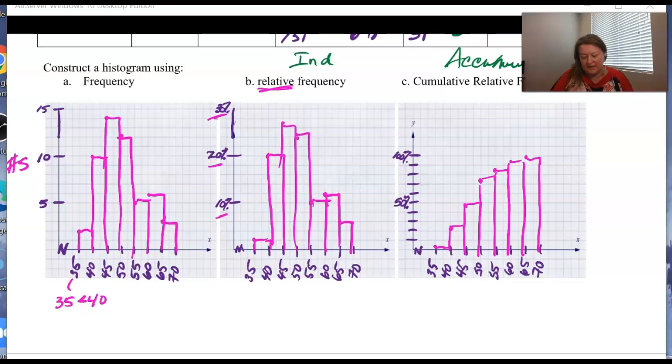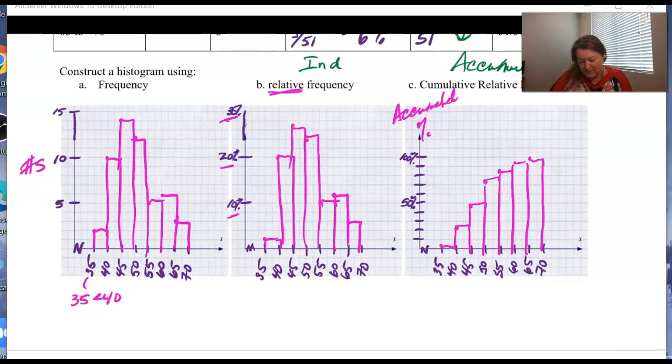So anytime you're looking at an accumulated or cumulative percent, they can be bar graphs, but they could also just be dots at those individual places, and you could just connect them as a line graph too. They would just look like this. After that, we should reach 100 at the top of every single one because we've accumulated them all.